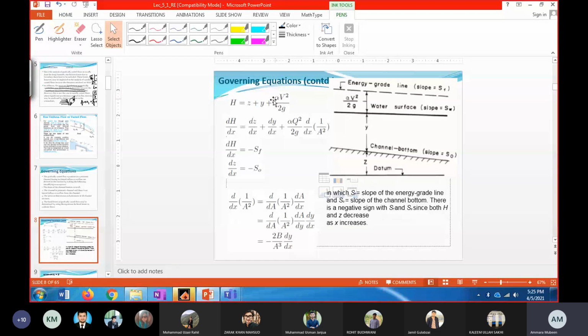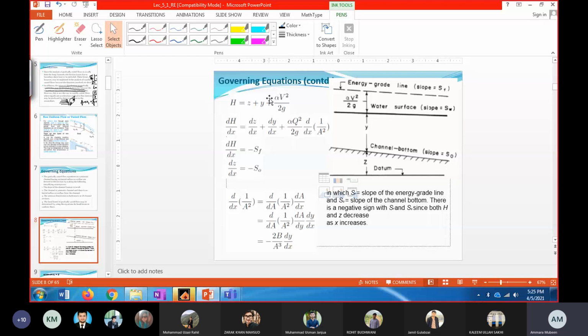I hope you all know about that. So we include all these heads to find the total head: z plus y plus alpha V square over 2g.